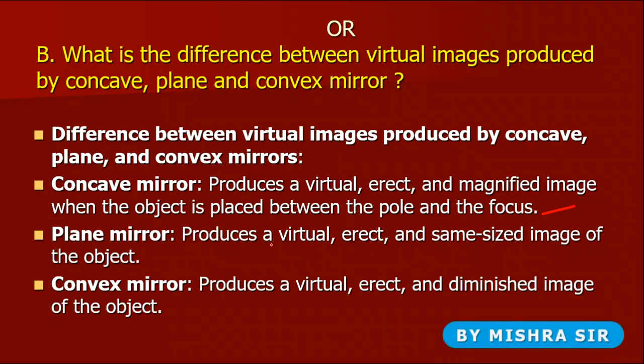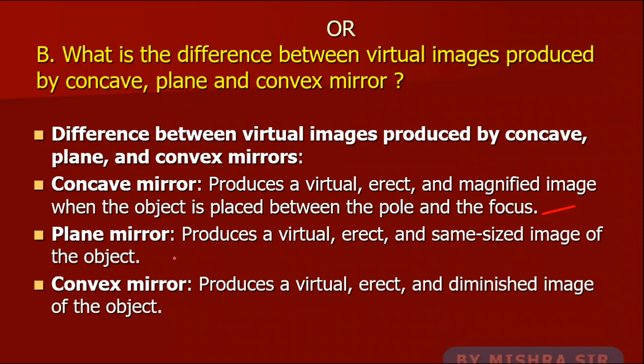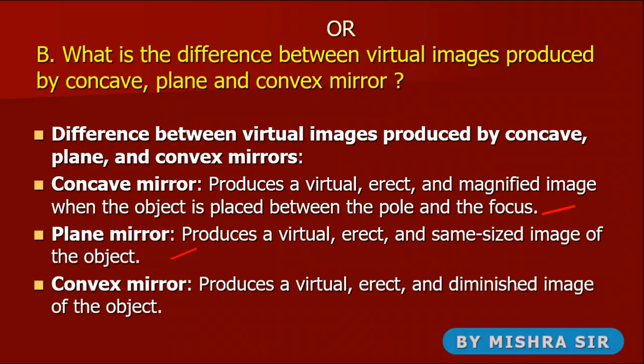Plane mirror produces a virtual, erect and same-sized image of the object. Convex mirror produces a virtual, erect and diminished image of the object. Right? Next question on your screen.